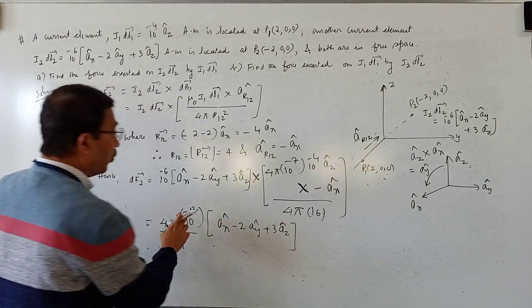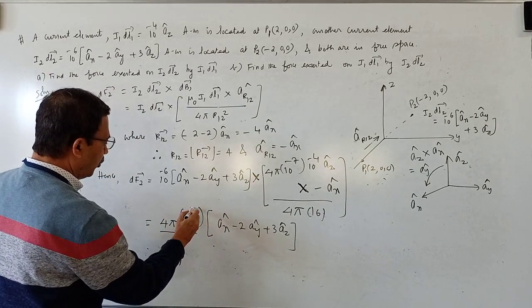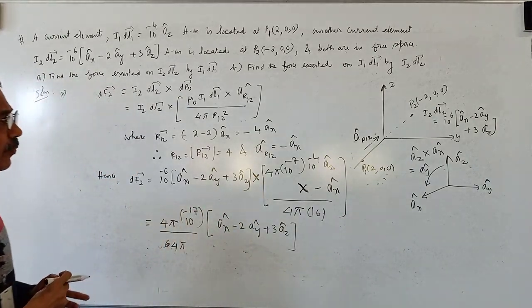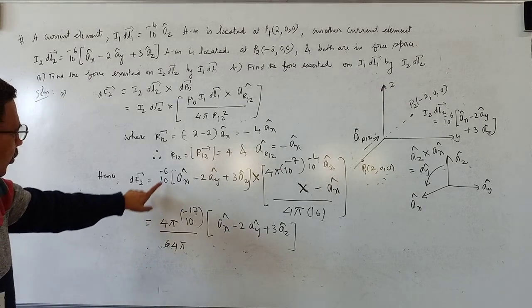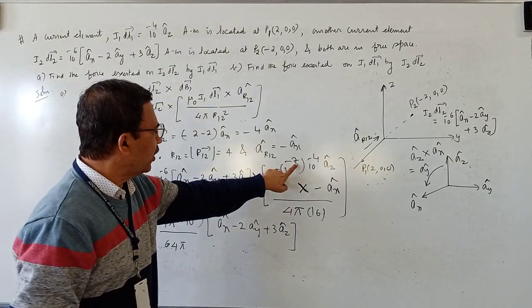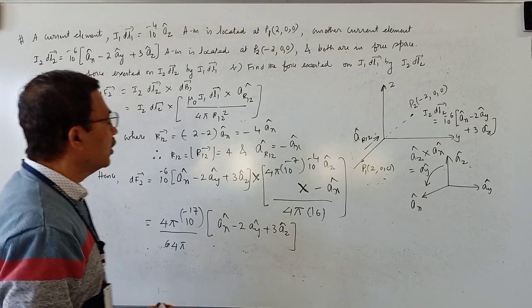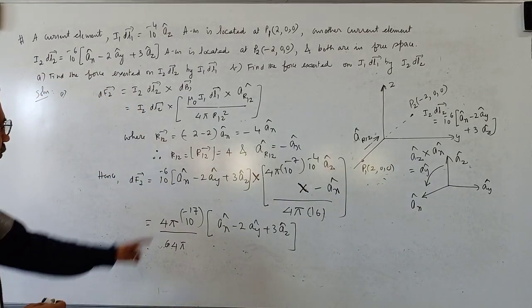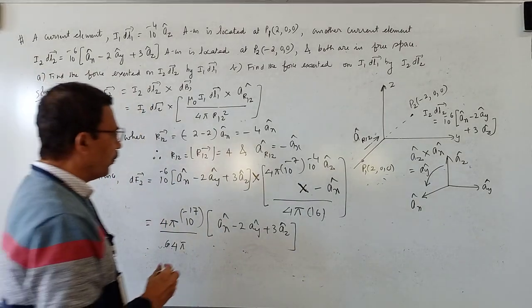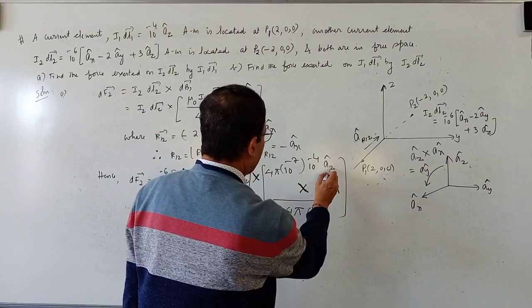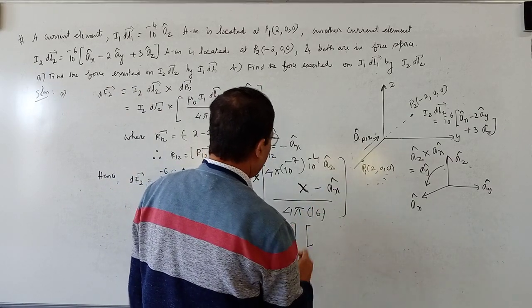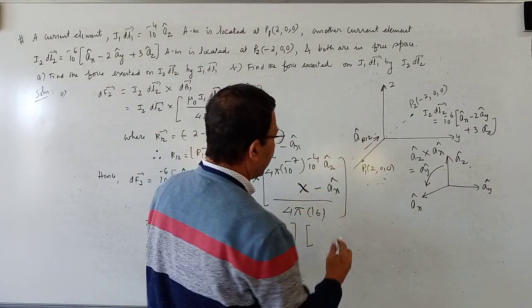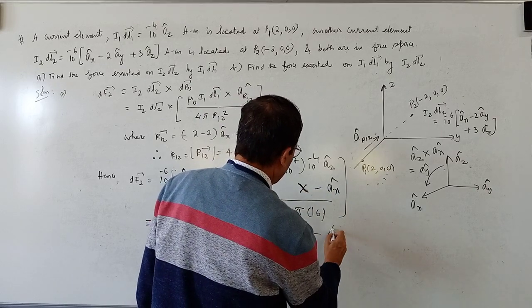So to this if you add 4, it becomes 10 to the power minus 17: 6 plus 7 is 13, 13 plus 4 is 17. Therefore 10 to the power minus 17. Okay. Then this is az cap cross minus ax cap. az cap cross minus ax cap is minus ay cap.